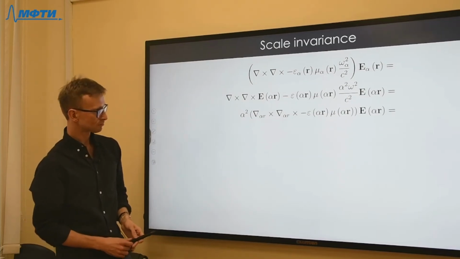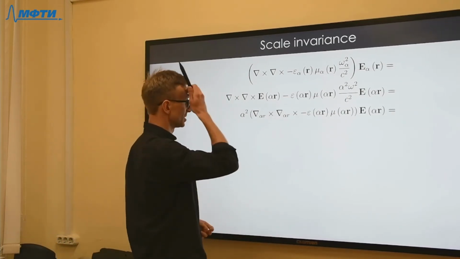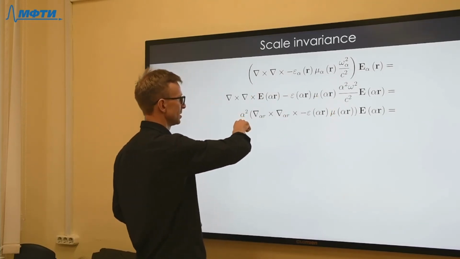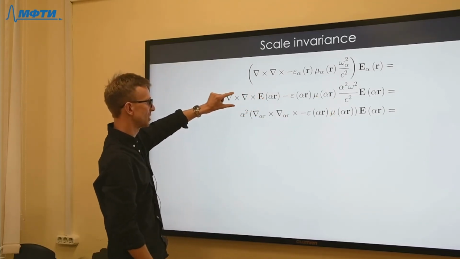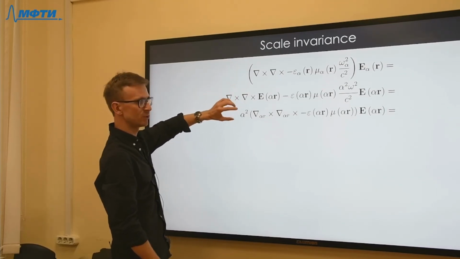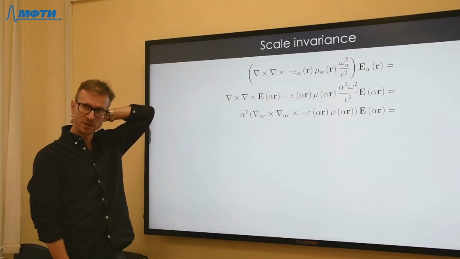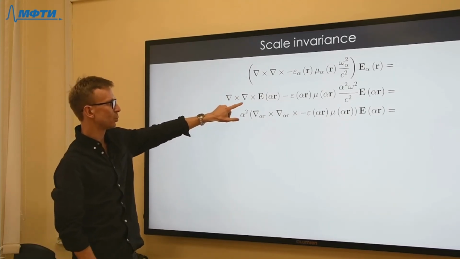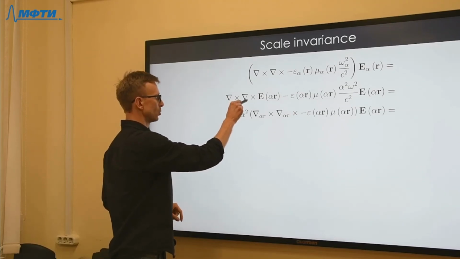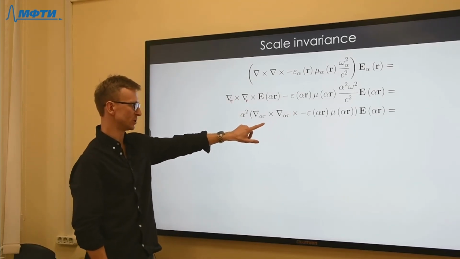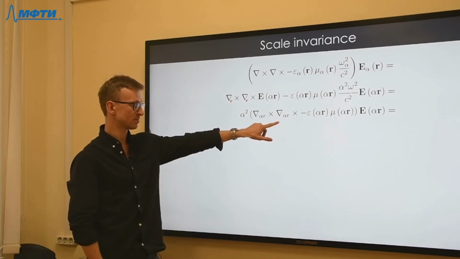Well, this is very simple. We just take alpha and place it here, and this part is a bit tricky. But what we need to do is calculate these rotors, which are linear operators. But instead of differentiating over r, over the old Cartesian coordinates, we're going to differentiate over the new scaled coordinates.